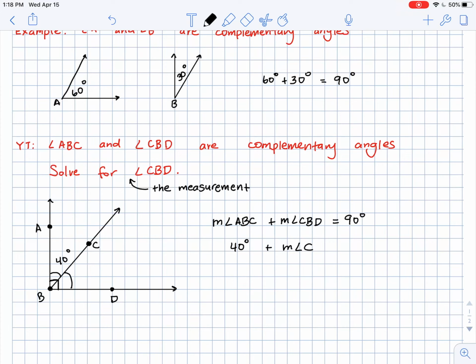We don't know the measure of angle CBD, but we know together they equal 90 degrees. Now, in order to find the measure of angle CBD, we subtract 40 degrees, and we get this. The measure of angle CBD is going to equal 50 degrees.